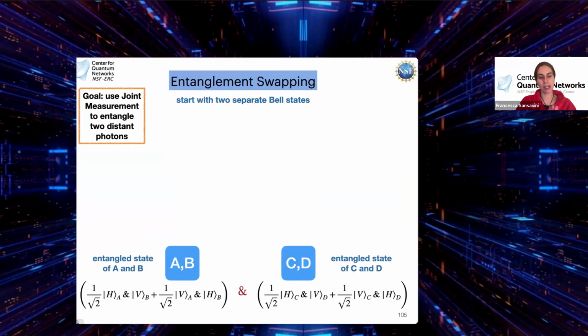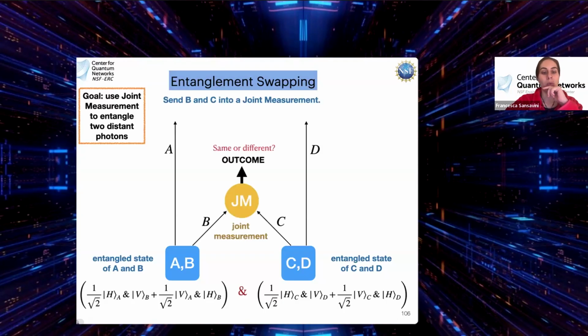It's worth noting that A is not entangled with C or D. A is entangled with B, and C is entangled with D. Now, we're going to take the B and C photons and send them to the joint measurement tool, and then read out the outcome. Is the polarization the same, or is it different?